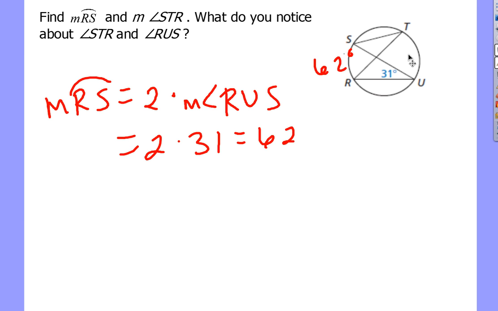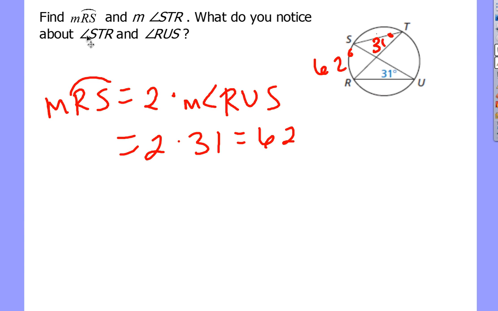Let's think about this. If the measure of the arc is 62 degrees, take a look at what happens. The other angle we want, STR, is also intercepted by arc SR, or it is subtend to this arc SR right in here. So if they are both subtend to SR, this is also going to be 31 degrees.